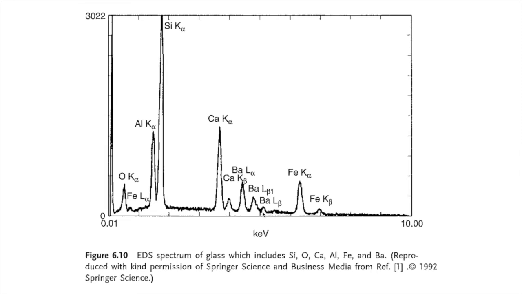And so that lends itself to the sensitivity of this compared to WDS. So early EDSs definitely had problems with not enough photons emitted from the sample reaching the detector.